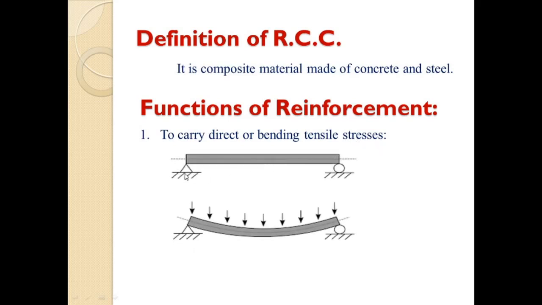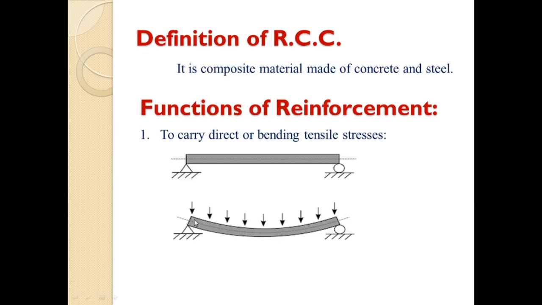So here we can see one beam, that is a simply supported beam. One end is supported by a hinge support and the other is a roller support. Suppose we assume some load, that is concentrated load or UDL, acts on this beam, so this beam may sag like this.